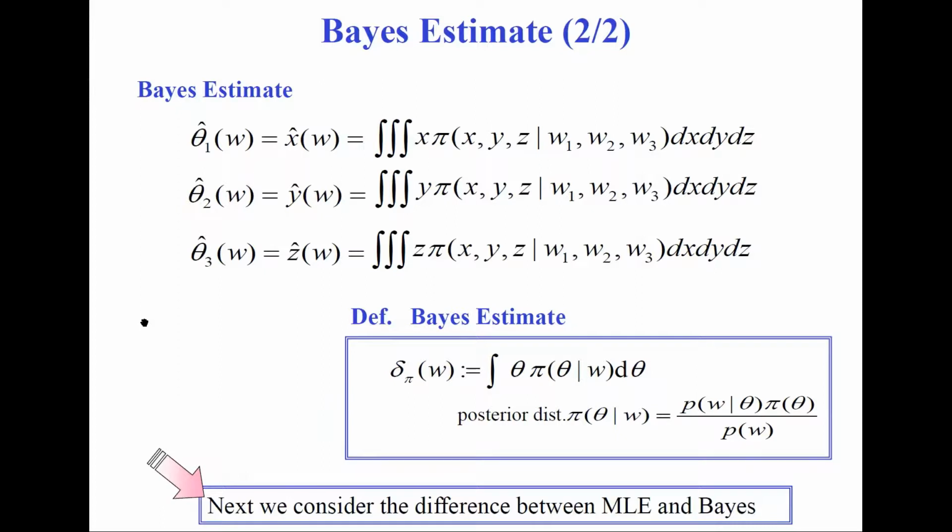This is, in a sense, the average of each x, y, and z with respect to the posterior distribution. So we calculate the integral. And please note that the basic definition of the Bayes estimate, or Bayesian estimator, which is usually adopted, is the mean of the posterior.